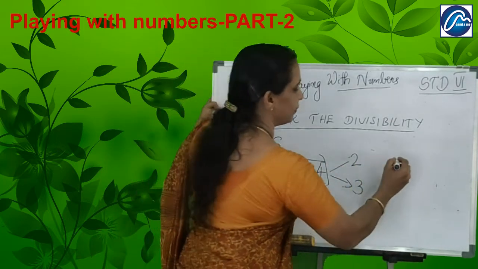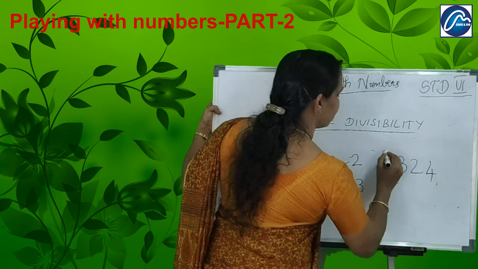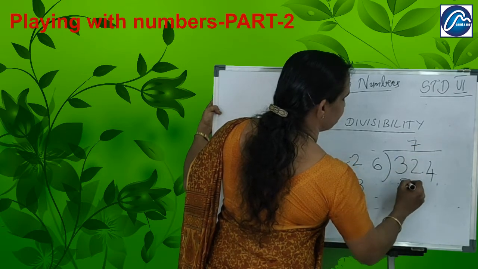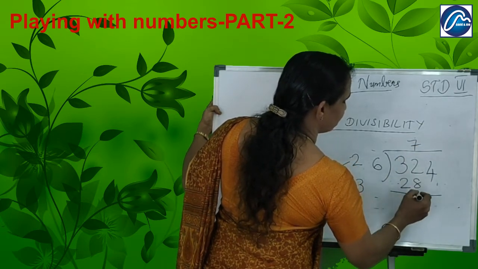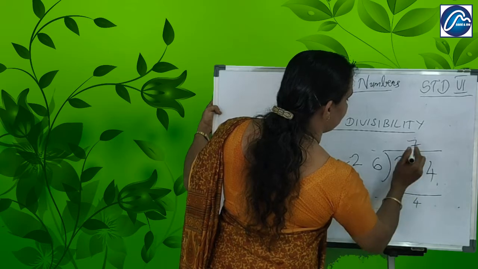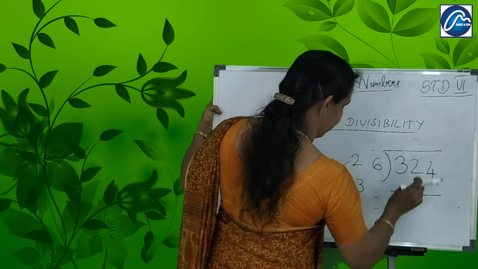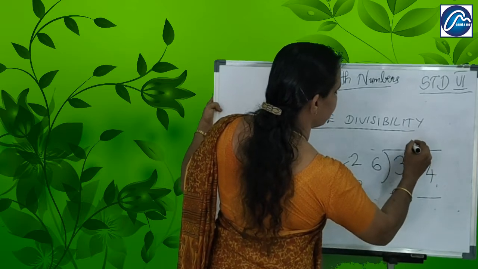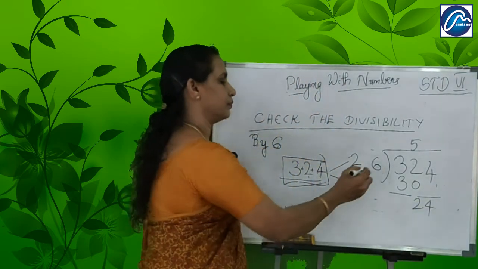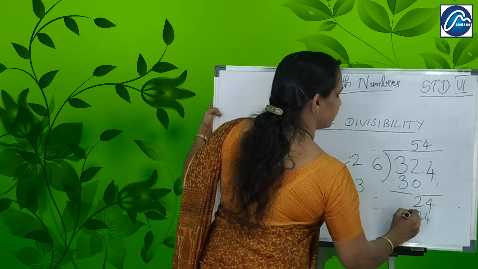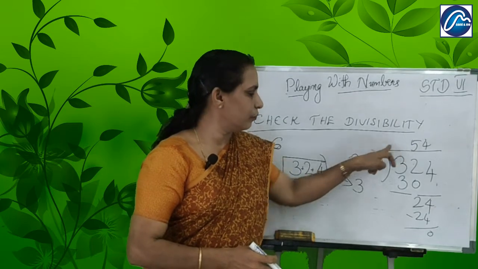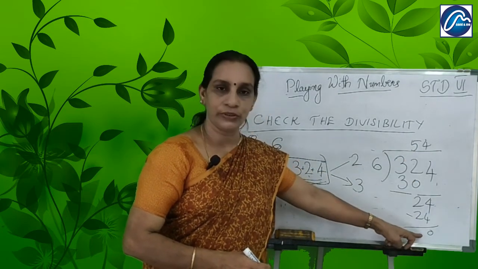Let us check. 324 divided by 6, you will get 54, exactly divisible by 6.